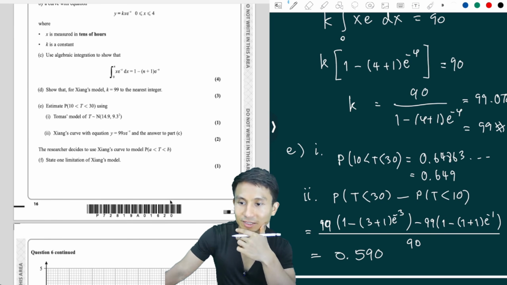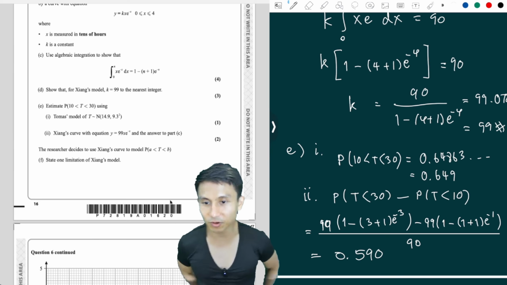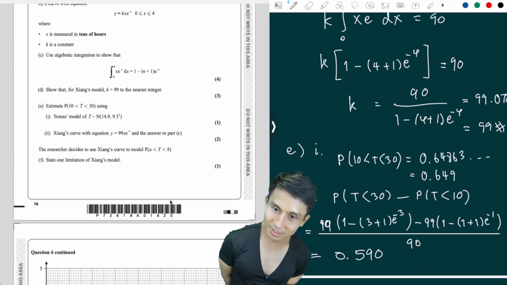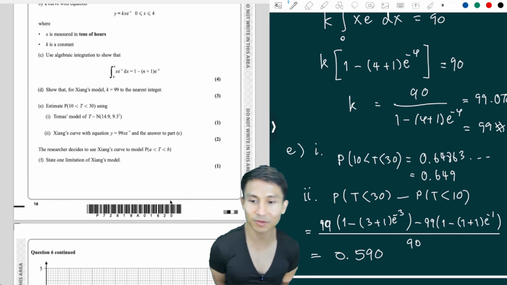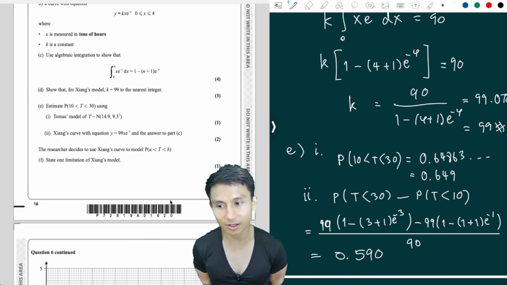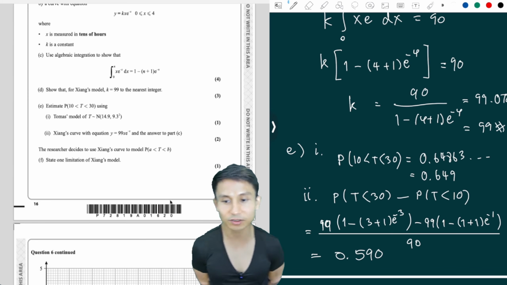The researcher decides to use Xiang's curve to model probability of A less than T less than B. State one limitation of Xiang's model.